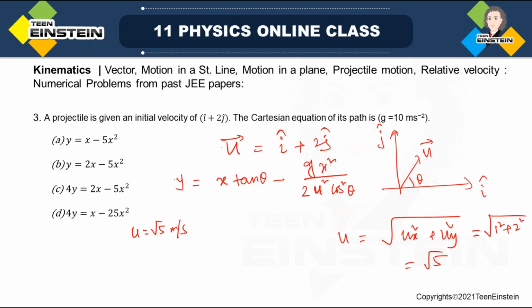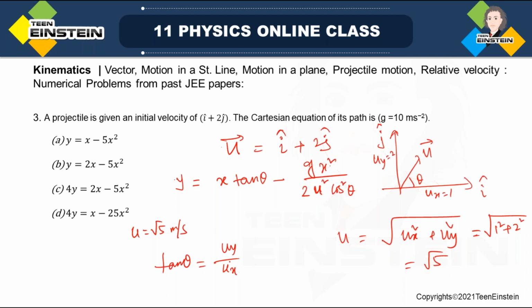Okay. Now, but what is theta? So that is the problem. Now you have to find out what is theta. You know how to find out theta? If you know the components of the velocity, in this case, see, uy is 2 and ux is 1. So from here, we can find out tan theta is equal to uy by ux.